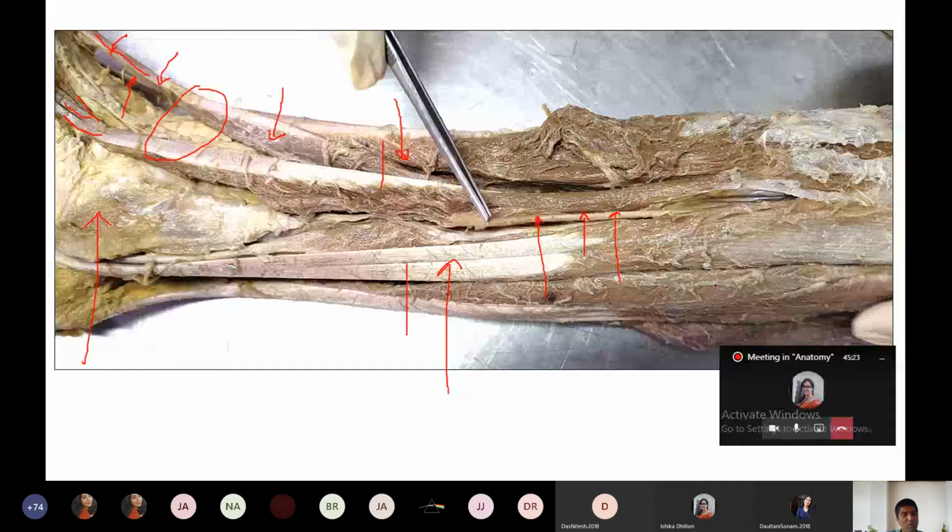Which joint will it form? You can easily answer, I think. The ankle joint. It contributes to form the tibiofibular mortise, and this mortise articulates with the talus to form the ankle joint. Like this, you can correlate all the things for your examination.